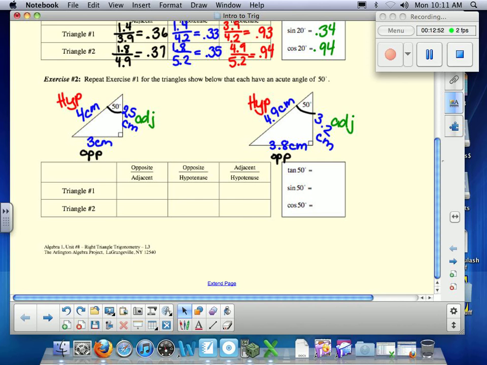You should notice that we have a little bit of different side length measurements, although they're not horribly different. Let's jump right in. Opposite over adjacent. And when I did my division, I got that. And I'm just going to stick with this same ratio and change problems, or change triangles.